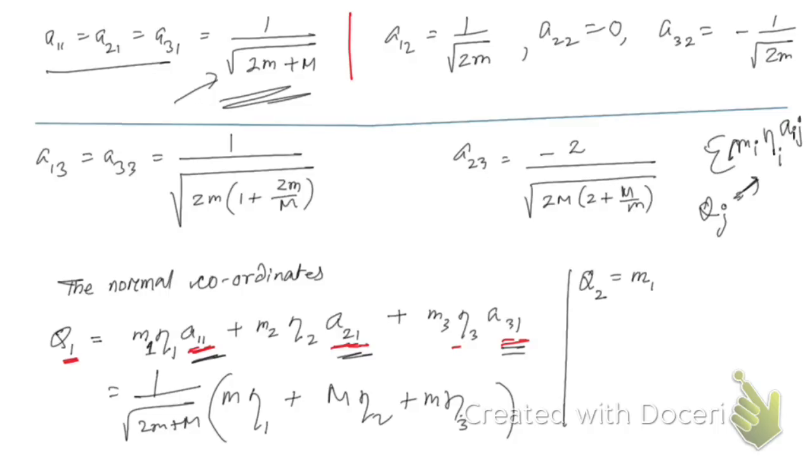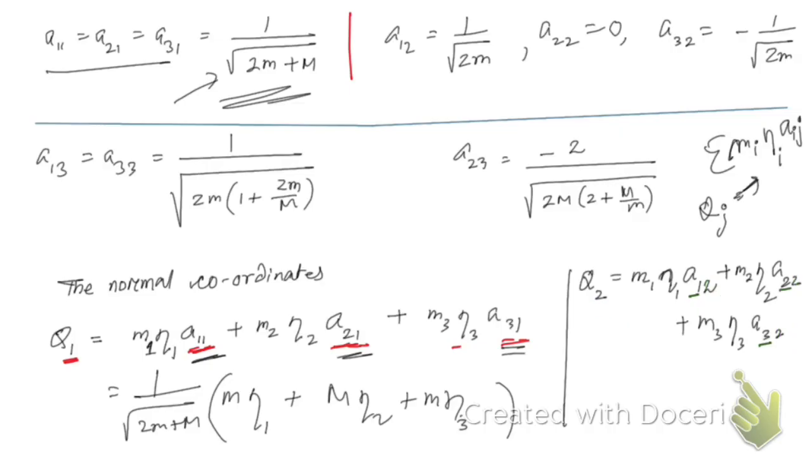So we need to take the sum. m1 eta 1 a12, since we are taking q2, then next term will be m2 eta 2 a22, then next term will be m3 eta 3 a32. The first number is 1, 2, 3 here, but the second number remains 2 as you are taking q2. That's it, right? Hope you have understood this.